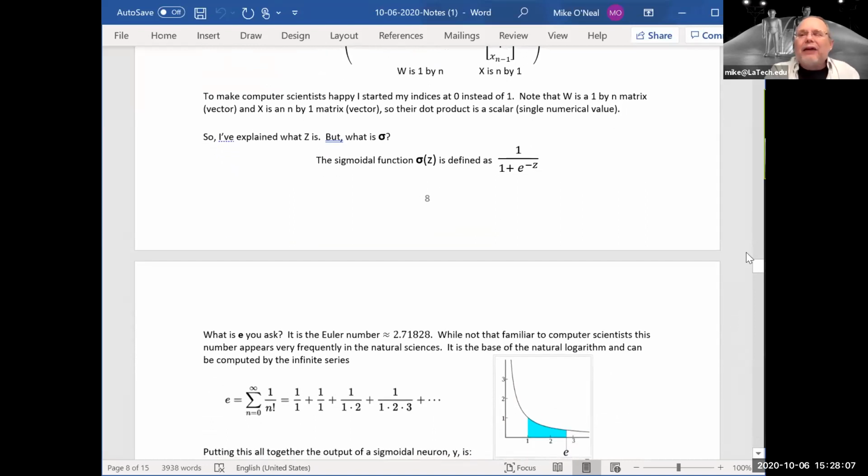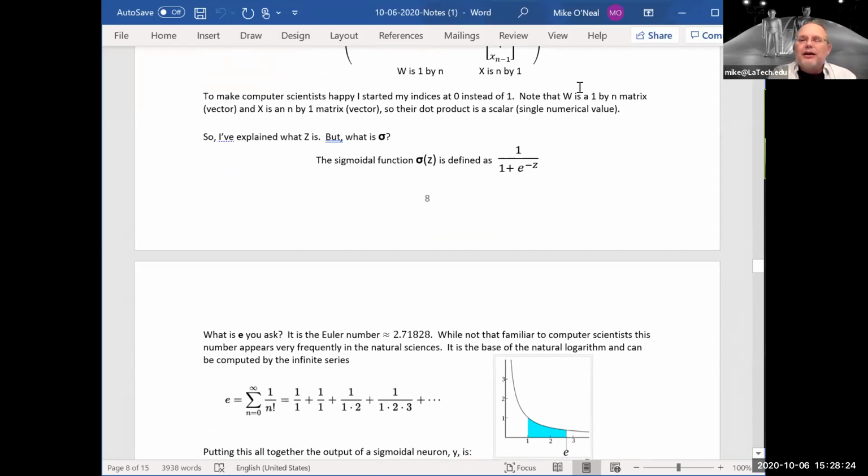So everything should make sense at this point, except, Mike, you haven't told me what this sigmoidal thingy is. You told me everything about what goes into it. I now know what the z is. The z is the weighted sum of the inputs plus the bias.